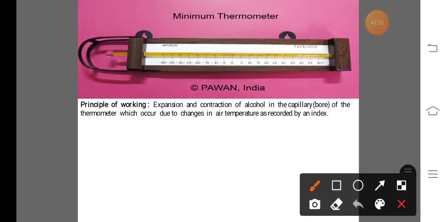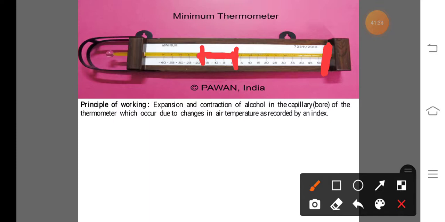Also one major characteristic: it contains a blue index, and this blue index indicates the lowest temperature of the atmosphere. How does it indicate the lowest temperature?